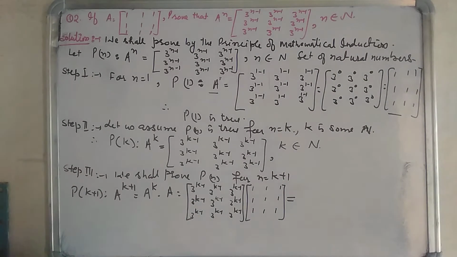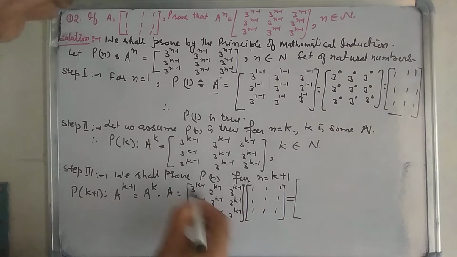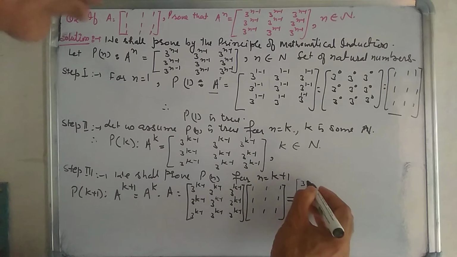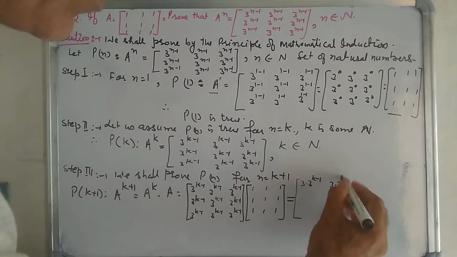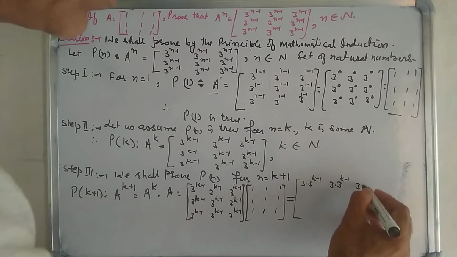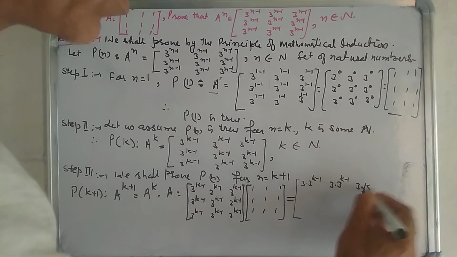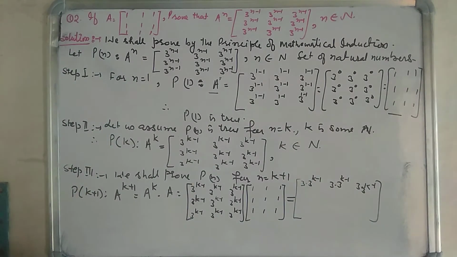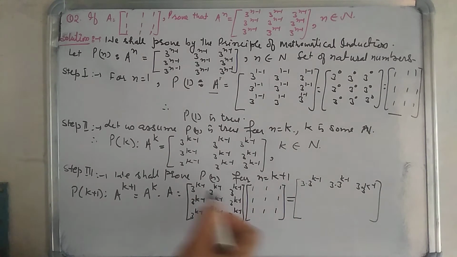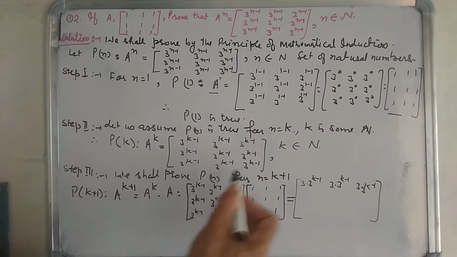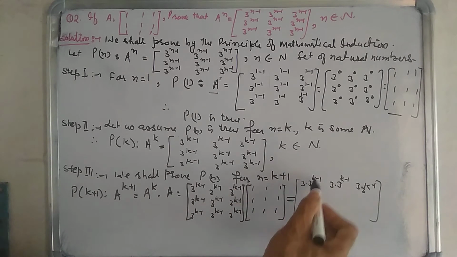Now we multiply the two matrices, first row, first column. First row is 3 raised to k minus 1 plus 3 raised to k minus 1 plus 3 raised to k minus 1, and so on, because it is first row with first column, first row with second column, and so on. So it is 3 into 3 raised to k minus 1.